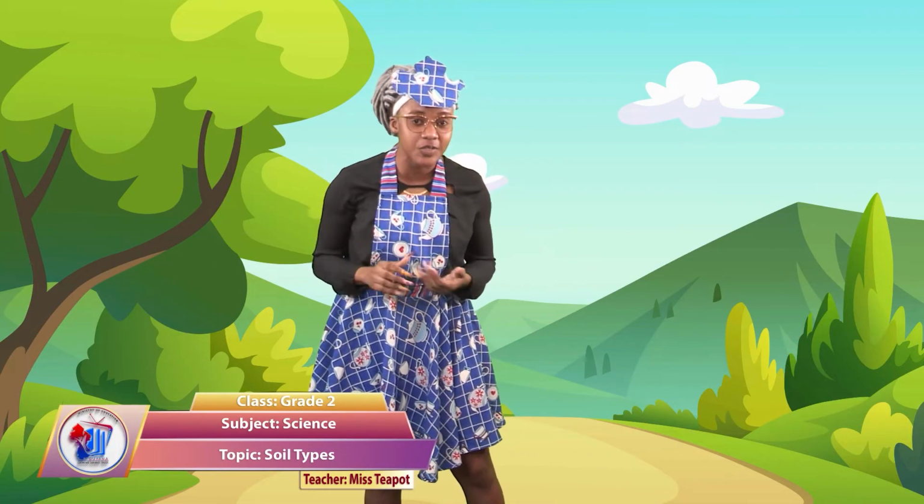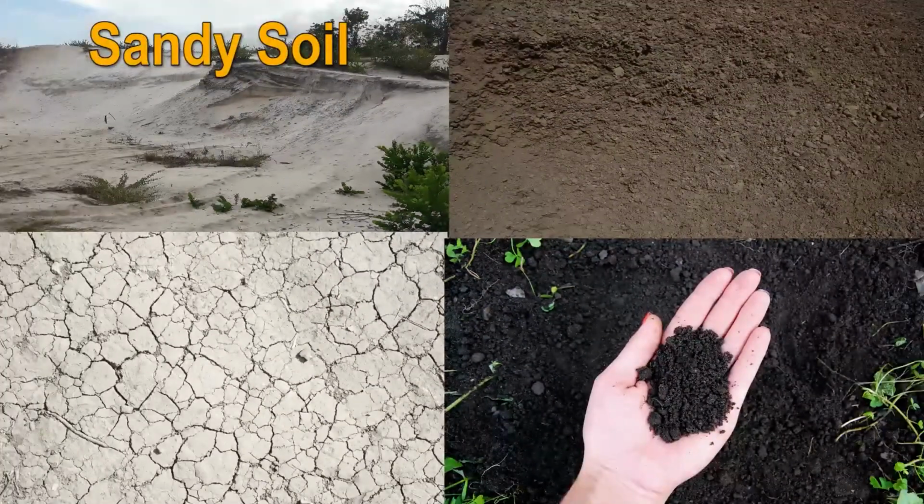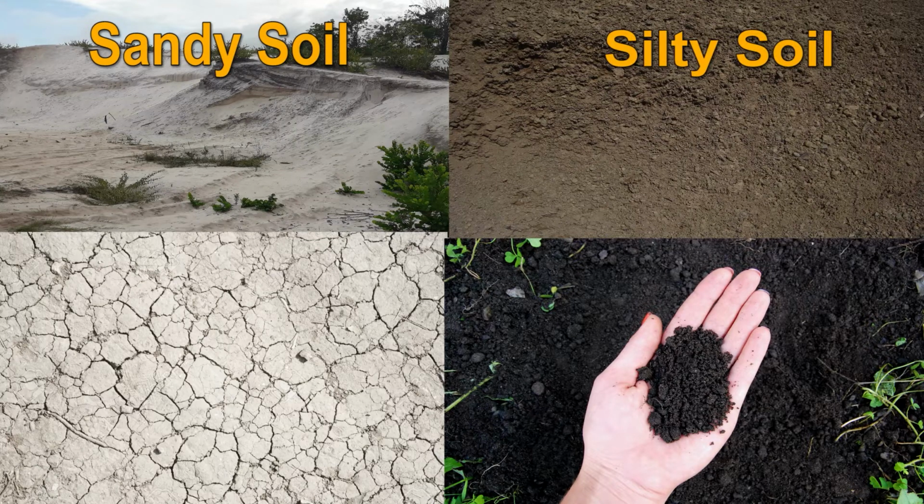So boys and girls, let's recap the 4 types of soil. There is sandy, which is loose and can't hold water. It's poor in nutrients. There's not enough nutrients for the plant. So let's put that sandy soil aside. Then we have the silt. Where would we find it?